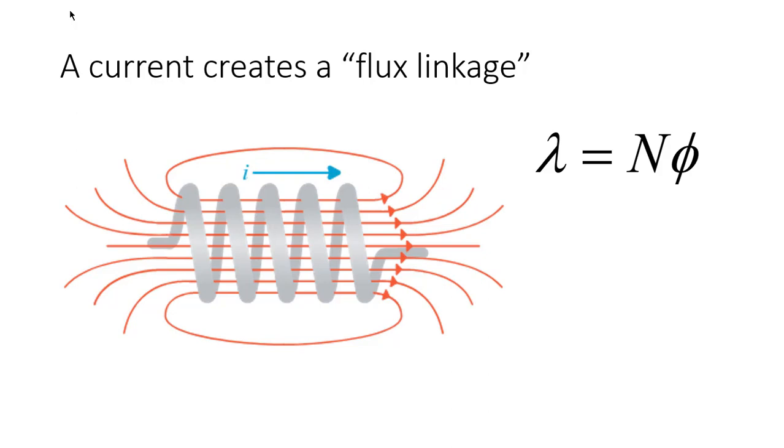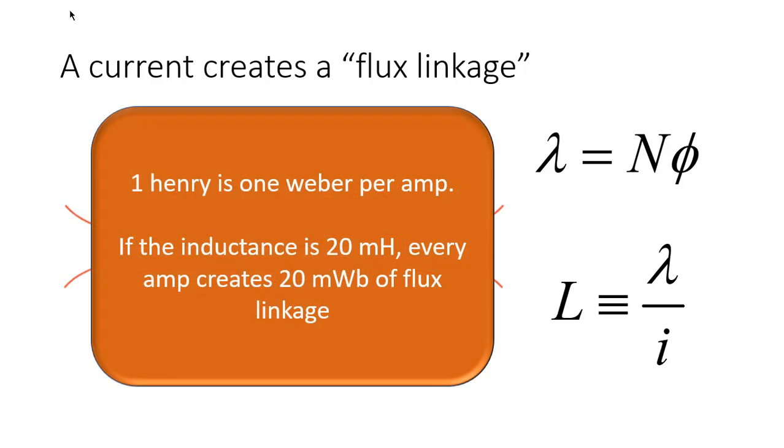The units are Webers. The inductance tells us how many flux linkage Webers are created by every amp that flows through that coil. 1 Henry is 1 Weber per amp.